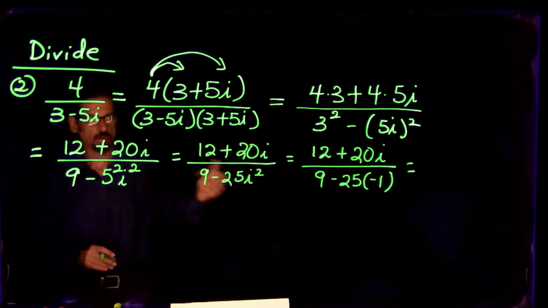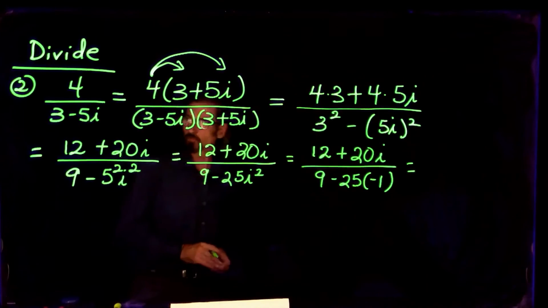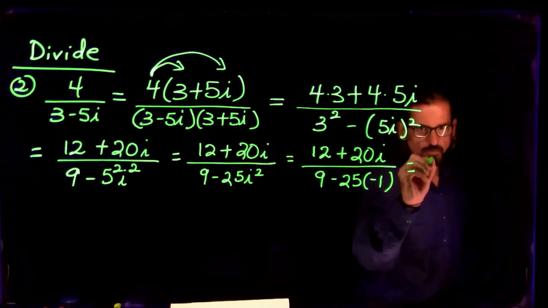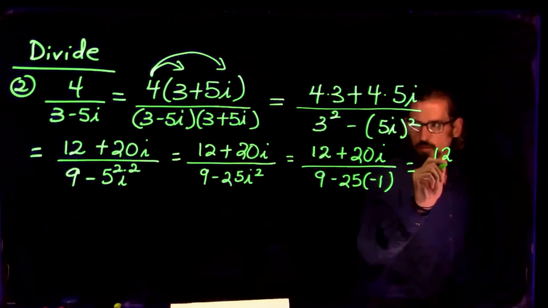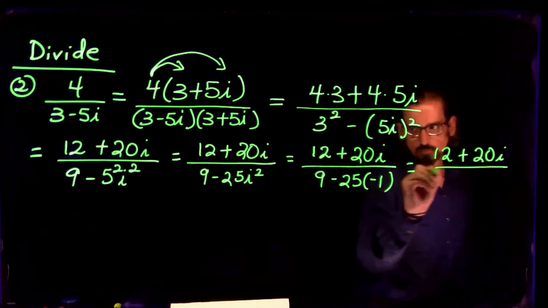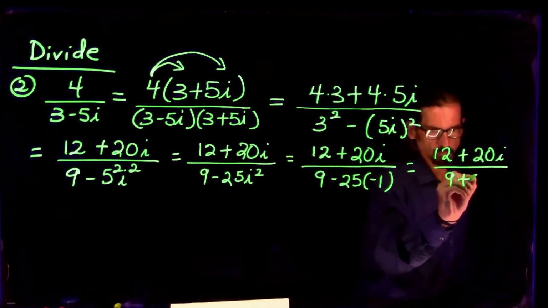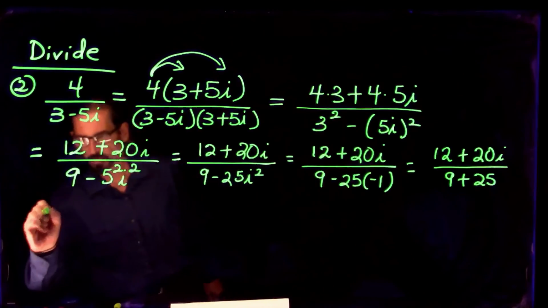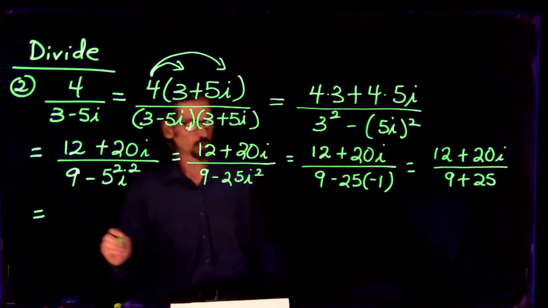Then negative 25 times -1, that's plus 25. Nine plus 25, that's 34.